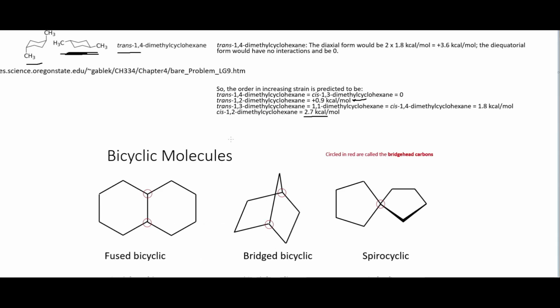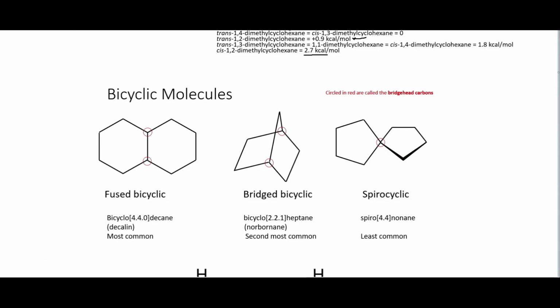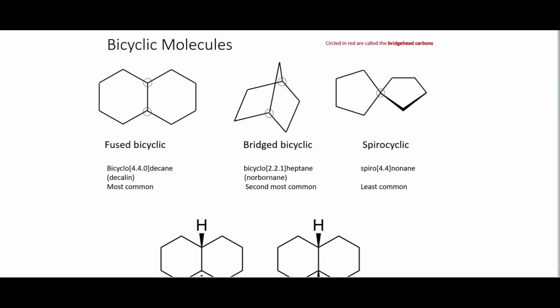All right, so switching gears, we can also have what are called bicyclic molecules. So that is like two ring structures put together. So this can be done in multiple ways. So we can have the fused bicyclic, where it looks just like this, where they just sort of share an edge like this.